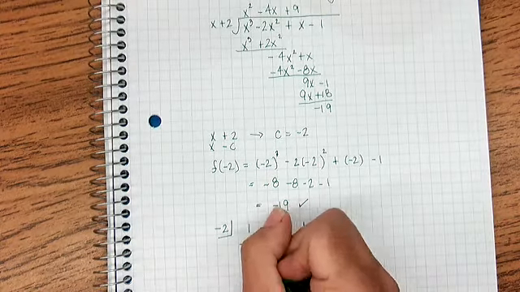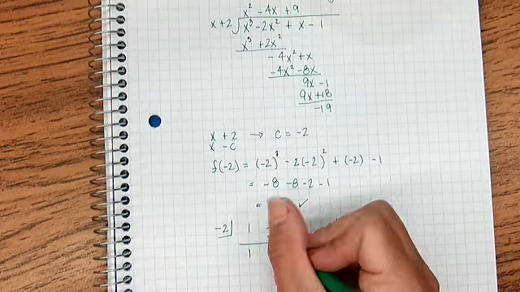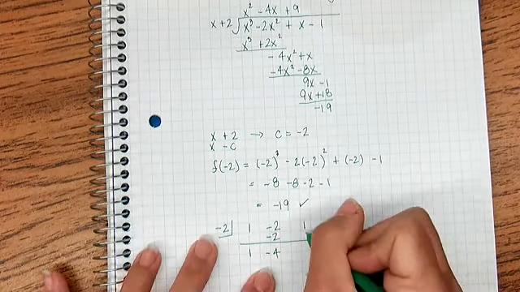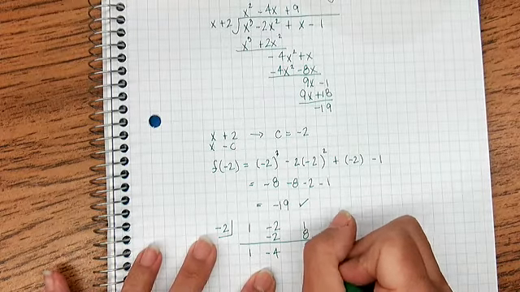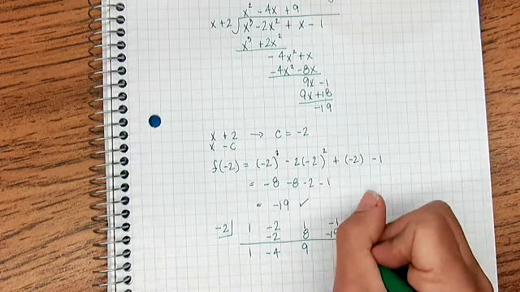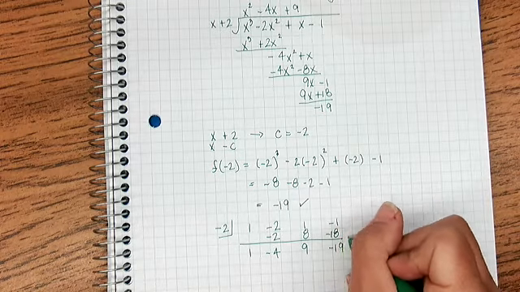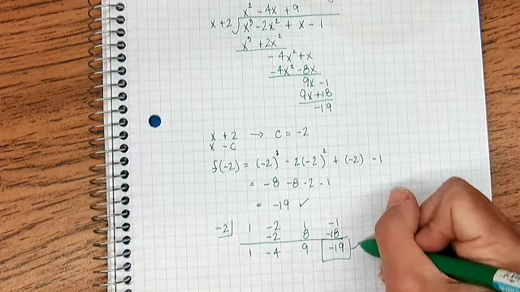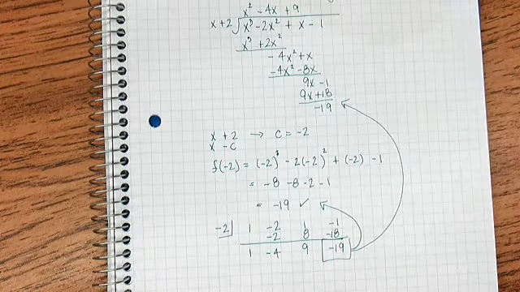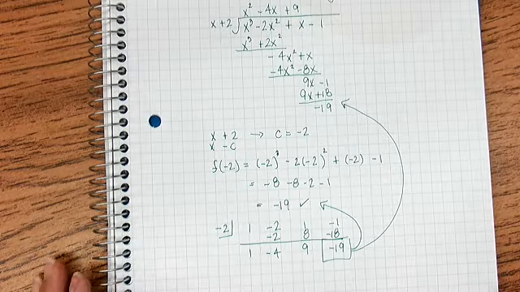Bring down the 1. 1 times negative 2 is negative 2. That gives you negative 4. Negative 4 times negative 2 is 8. That gives you 9. 9 times negative 2 is negative 18. There's your remainder. And that matches. So that's the remainder theorem.